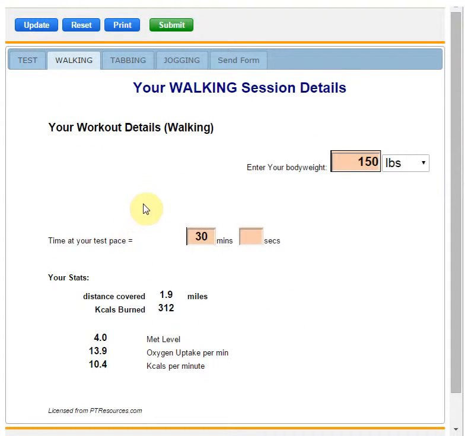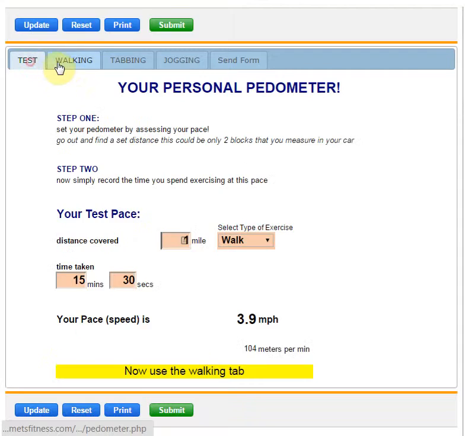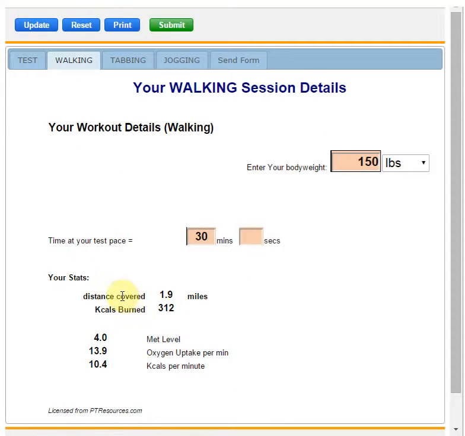So this could be given as a program to the client, and it could give not only them but you some very useful information. 30 minutes of walking at their particular walking pace is going to mean that they're going to cover 1.9 miles. And they're going to burn 312 calories, and they're going to be working at a MET level of 4. Now if their max METs is, let's say, 10, then they're working at 40% of their max.